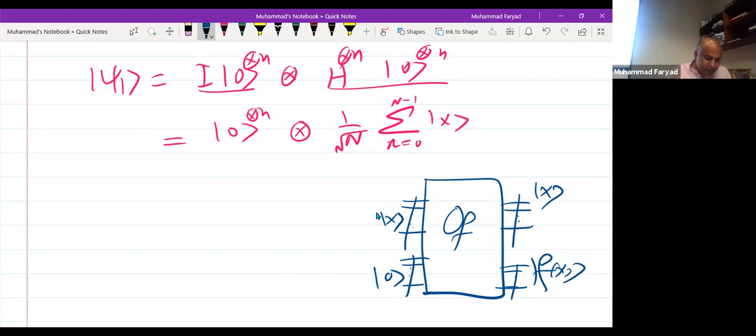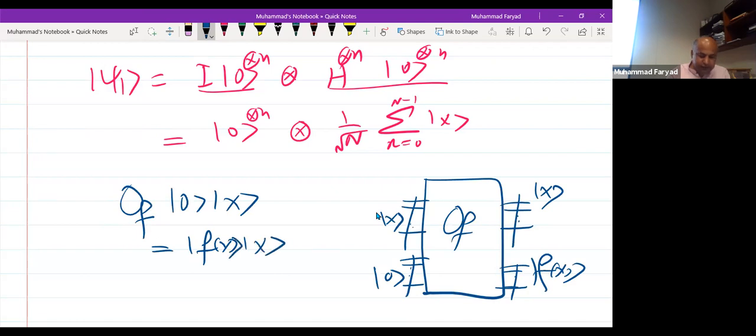Symbolically, if we operate our oracle, sorry, not phase oracle, just oracle, on the 0 x state, this gives us f of x, because it doesn't do anything to this one, and it changes this 0 to f of x.